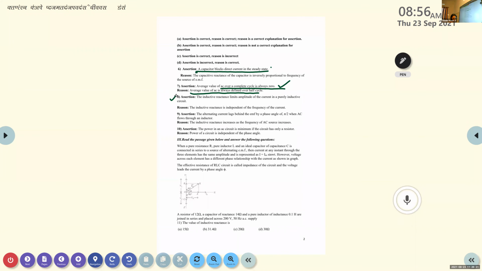Is this assertion right or wrong, correct or incorrect? Inductive reactance limits maximum value or the amplitude of the current in a purely inductive circuit. Is it correct or incorrect? Question number 8, assertion.